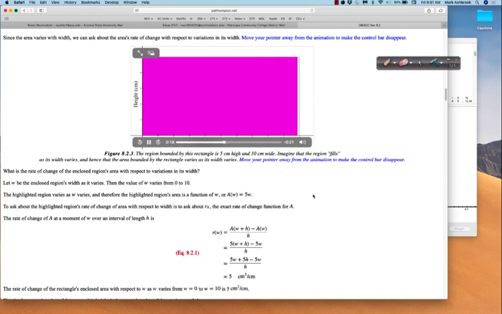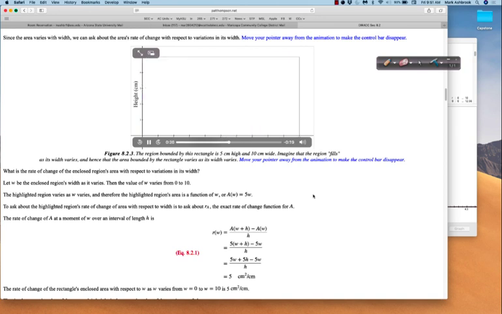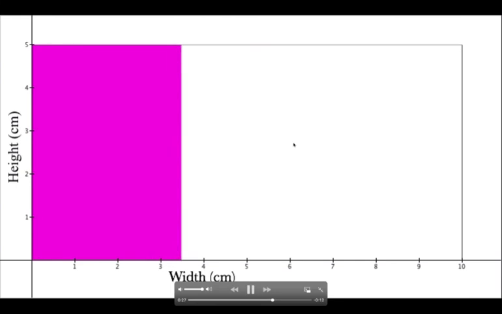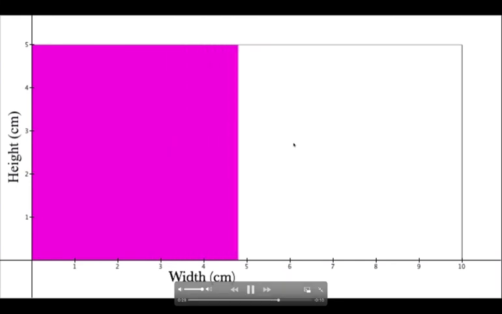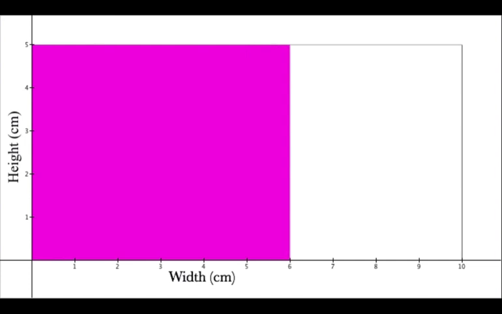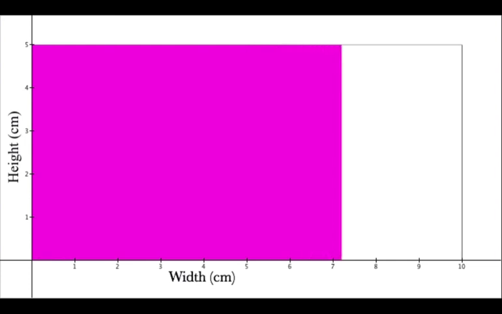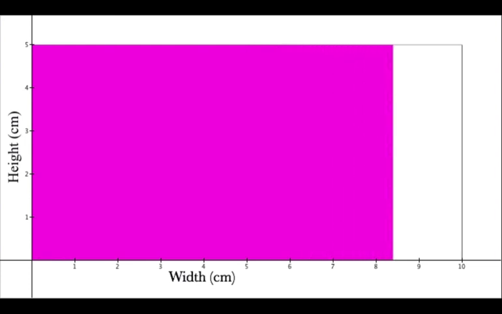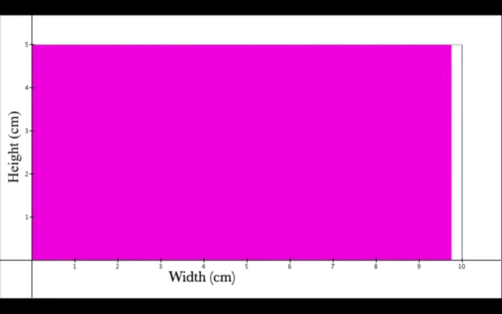So here's the area changing at a constant rate. And at what constant rate is this area increasing with respect to the horizontal coordinate, the width?